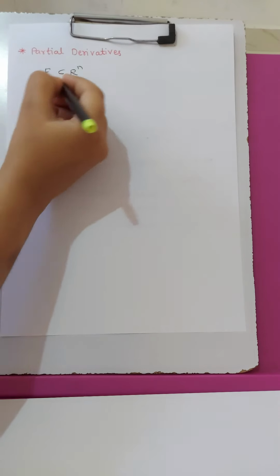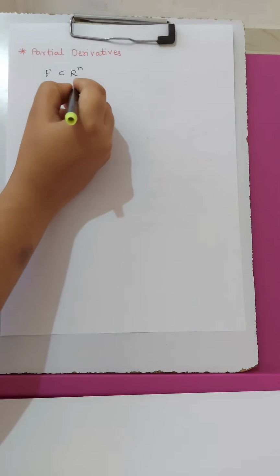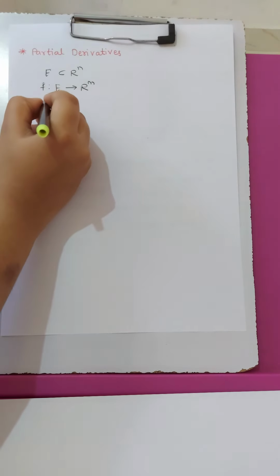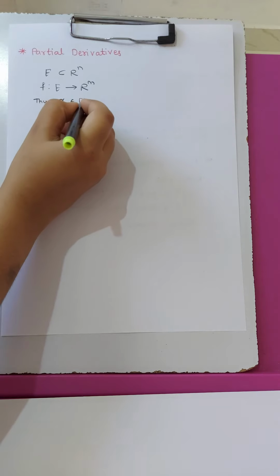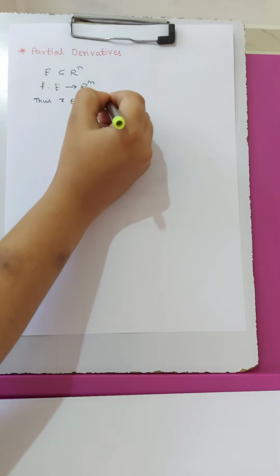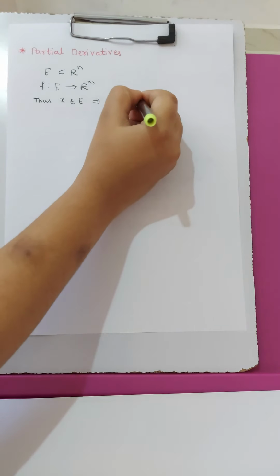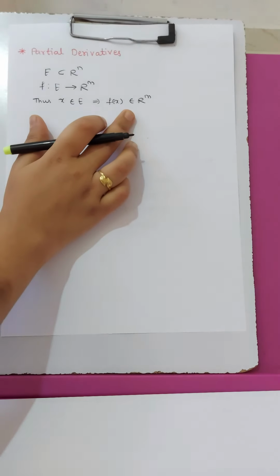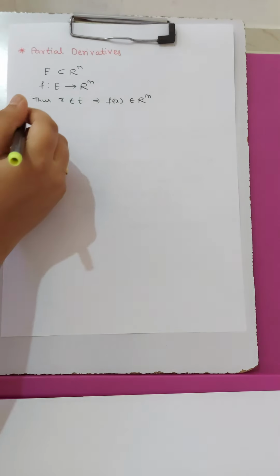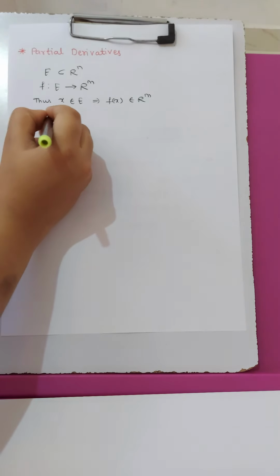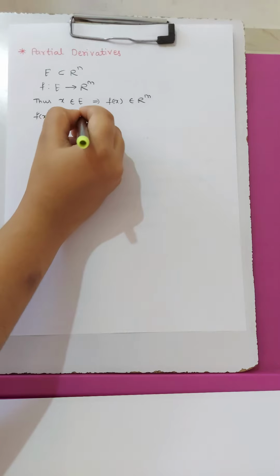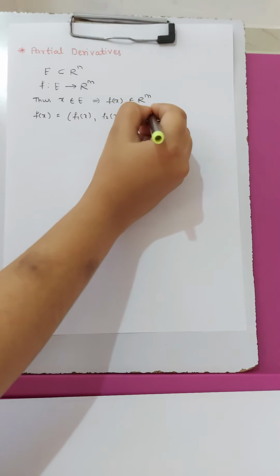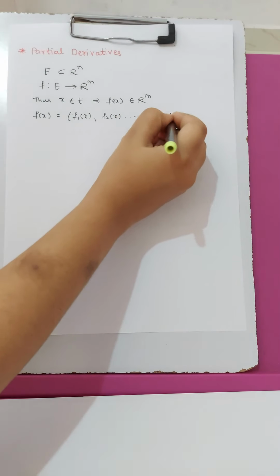define a mapping f from E to Rm. Thus, for x belongs to E implies that f of x belongs to Rm. And now since this Rm is a vector space with dimension m, we can write f of x equals f1 of x, f2 of x up to fm of x.